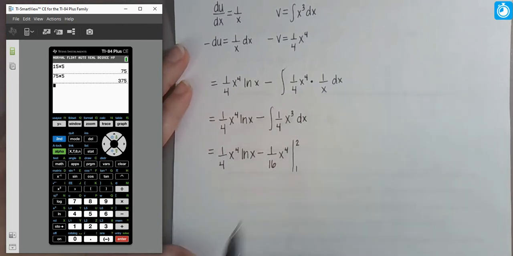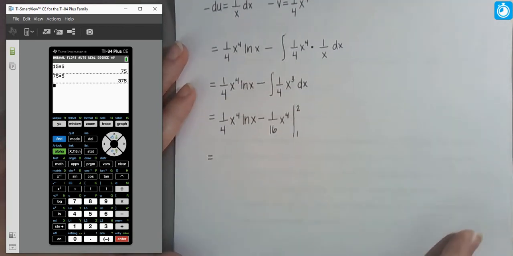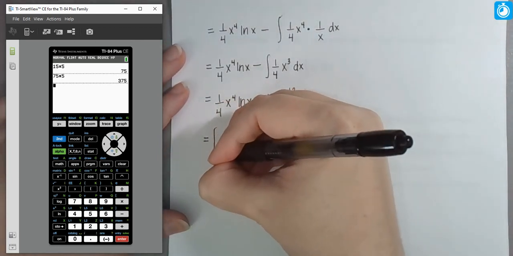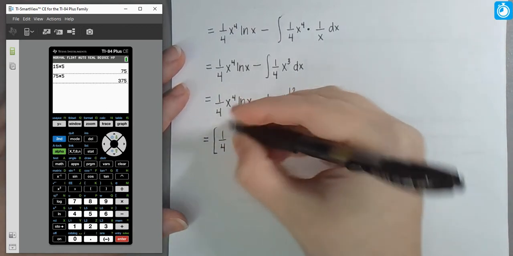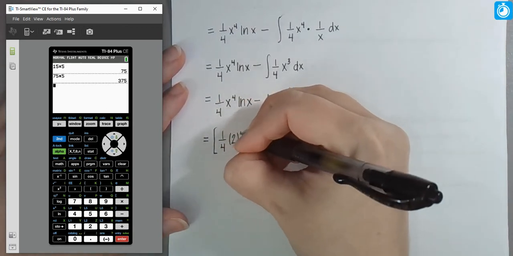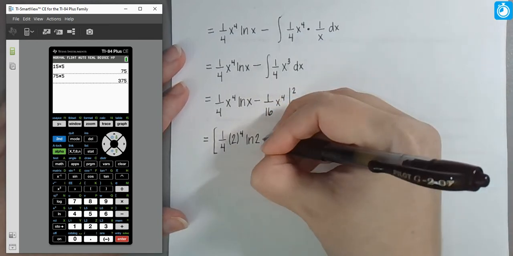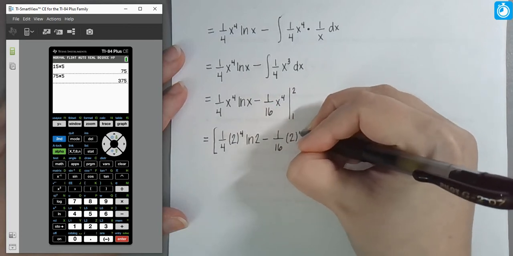Of course, it's going to get relatively complicated, but we have the calculator. When in doubt, just use the calculator to evaluate. So we're going to plug in our upper limit of 2. I'm going to put brackets around everything so we can keep things grouped appropriately. So we have 1/4 times 2 to the 4th power times the natural log of 2 minus 1/16 times 2 to the 4th power.